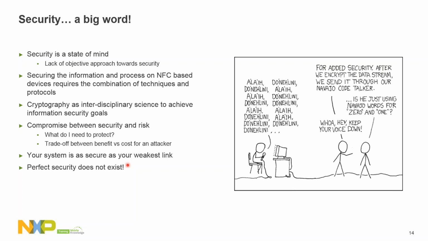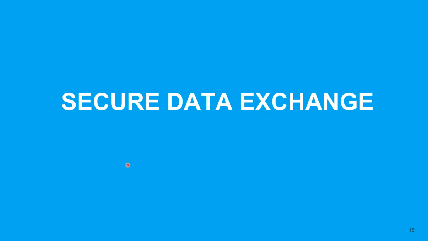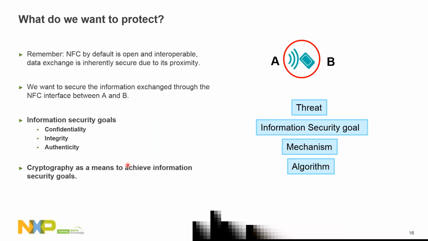Excellent. So, having said all this, let's now focus on secure data exchange measures. While it is true that NFC technology is inherently secure due to the required proximity between the two devices, which makes it very difficult to spy upon this communication, it is important to take into account that this strong security barrier for many attackers might not be enough to cope with some application and use case requirements.